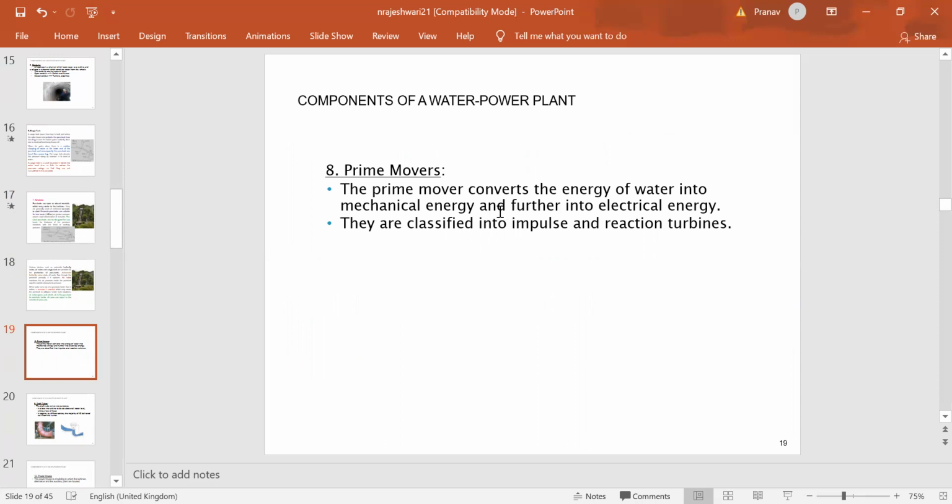These turbines convert the energy of water into mechanical energy, and this mechanical energy is given to the alternator for the production of electrical energy. And these are of two types: impulse and reaction turbines.